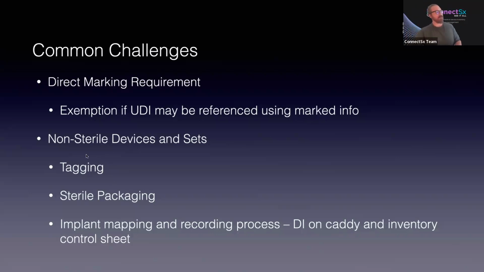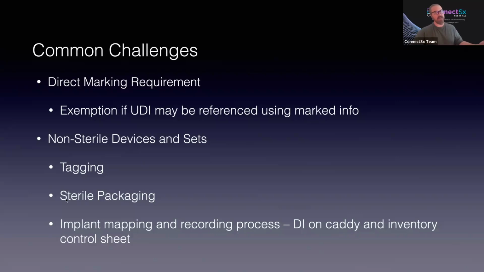Some companies have used different tags or strips that actually get applied to the device or to the tray. This would impact probably your packaging process, your manufacturing process, and then maybe the validations for that sterilization. So none of these are to be taken lightly. They take a lot of work and consideration.